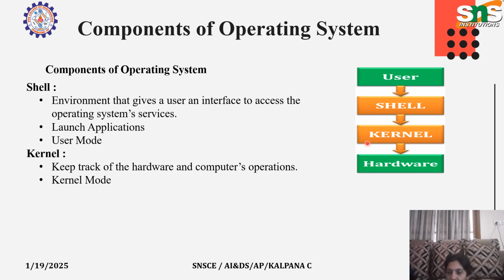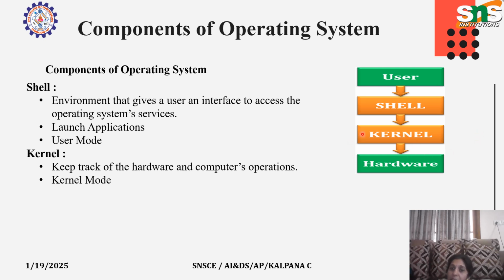If you want to save a document, memory will be allocated to that document and it will be saved. If you want to access any input output devices like a printer, keyboard or mouse, the kernel needs to process everything. If you want to take a printout, the job will be stored in the printer, the document will be converted into readable form, and finally you take the printout.